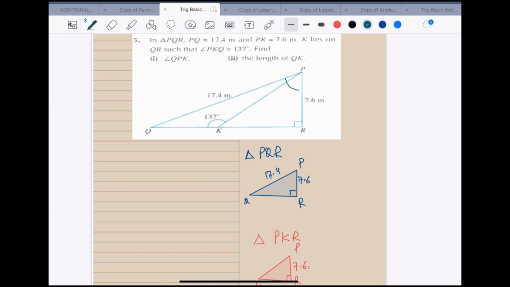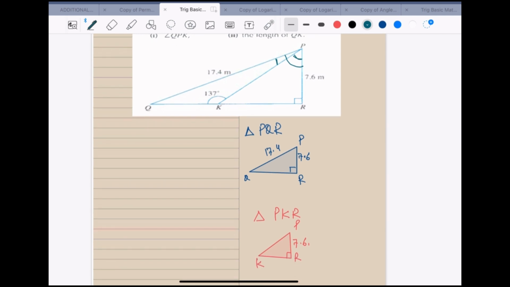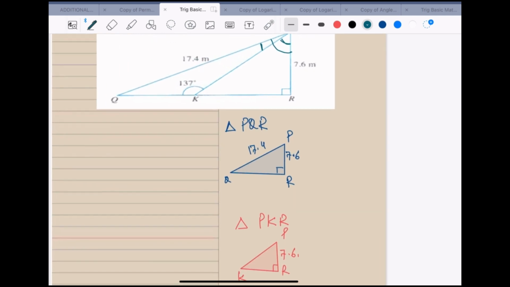So the plan is that if I am able to find out this small angle and I subtract it from the big triangle's angle, then I'll be able to find this small portion. So let's try to see.